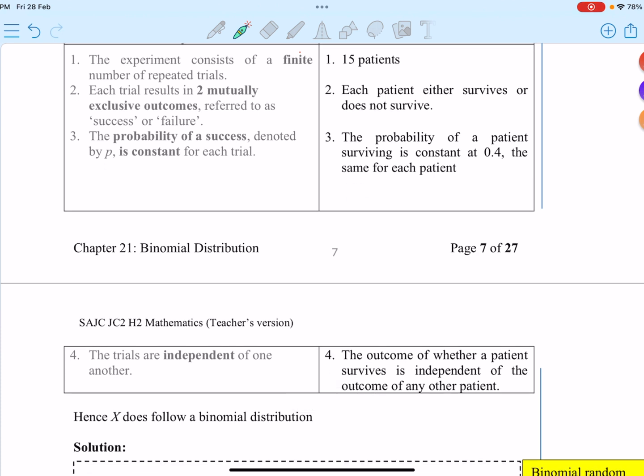In the last condition, the trials are independent of one another. So are they? The outcome of a patient, whether they survive, is independent of the outcome of another patient. Hence X does follow a binomial distribution.